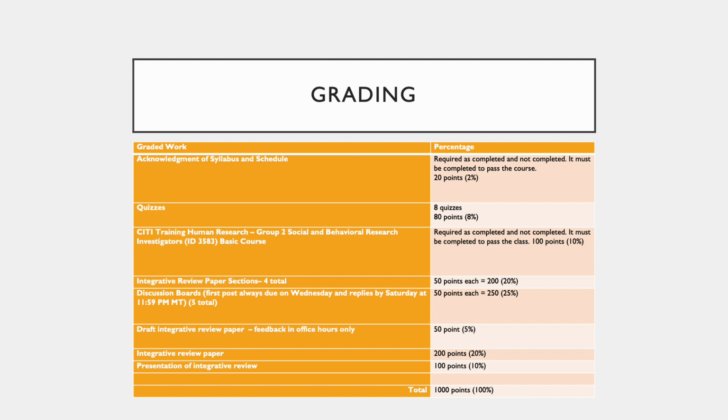Part of the process is that you will eventually give me a full draft of the paper. The full draft of the paper is due the week before the final version. And during office hours that week, I will offer you in-person feedback on the paper. There will be no written feedback on the paper. You must attend office hours to get feedback.